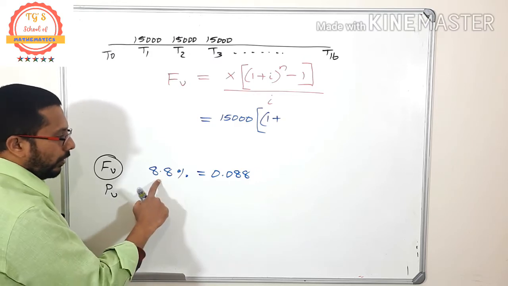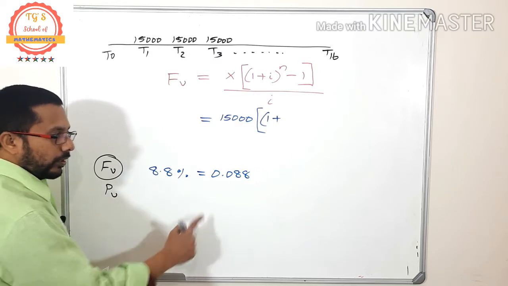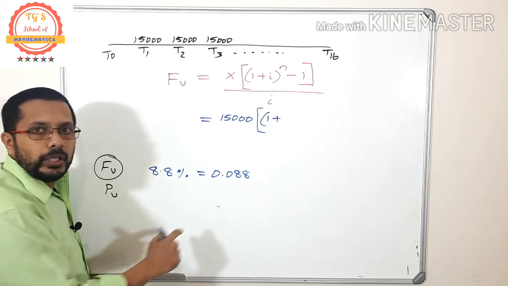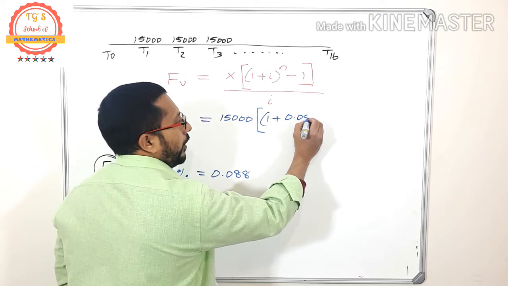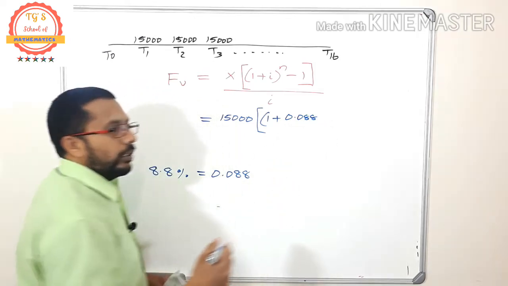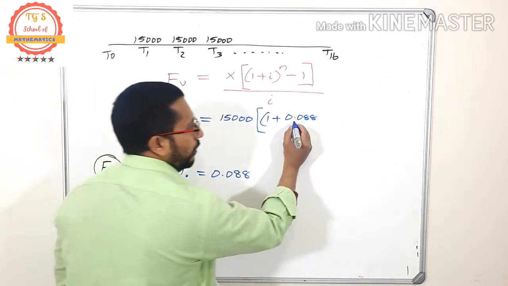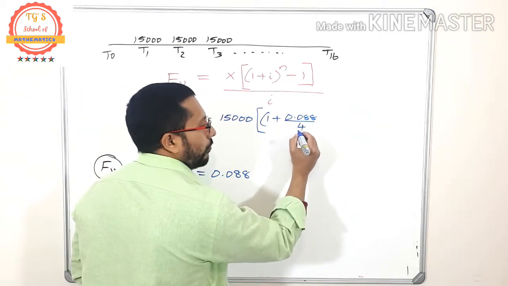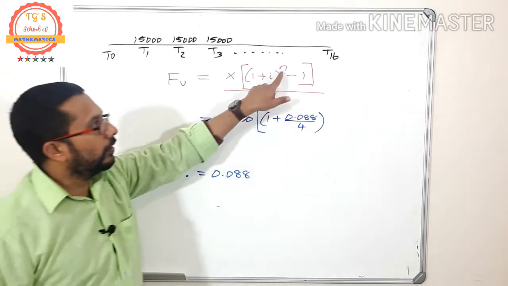So instead of 8.8, I divide that by 100, so it is 0.088. How is the interest calculated? Quarterly. So what must I do here? Divide by 4. The whole raised to, what is here?